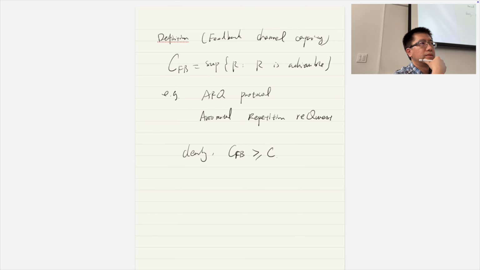That makes sense? Okay, so now the question is whether it can be larger than the capacity without feedback. Meaning, is feedback useful or not? What do you think? Do you think feedback is useful?